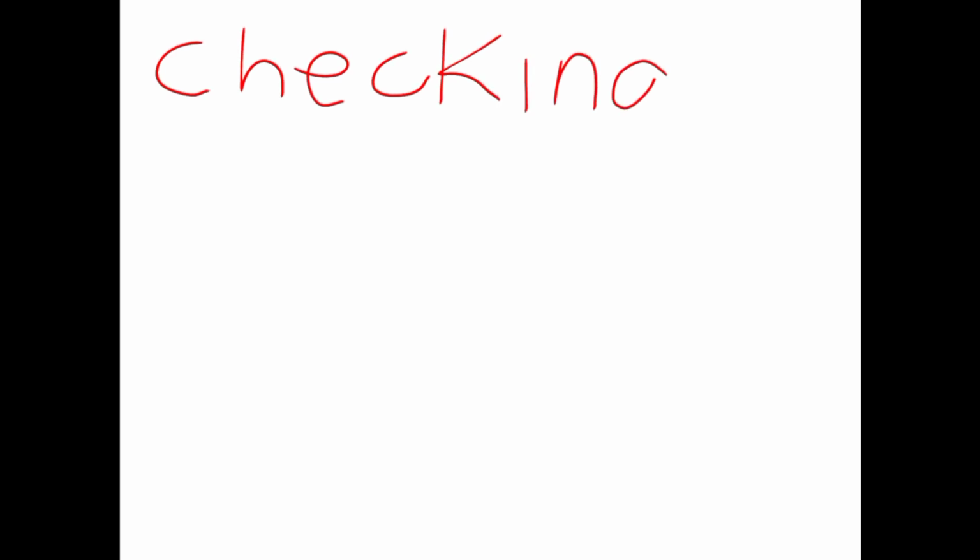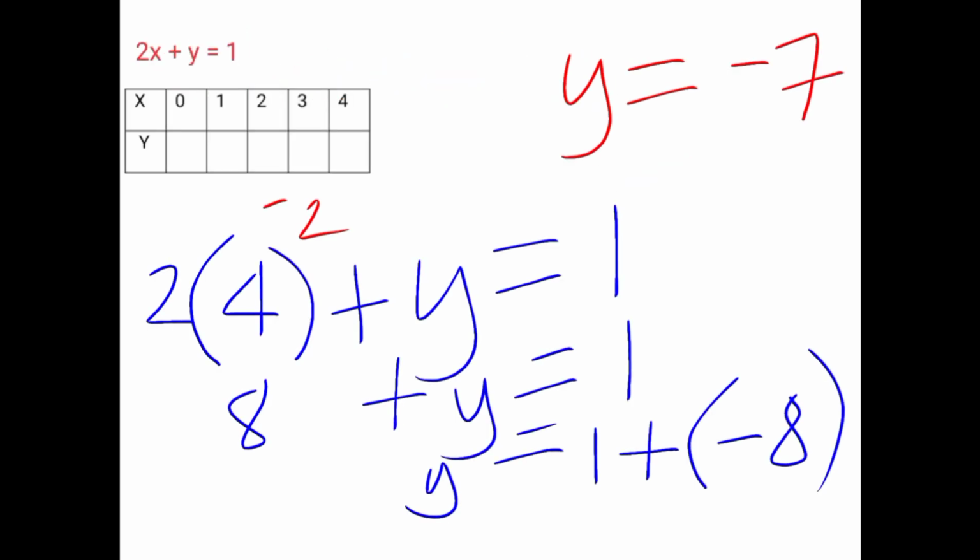Now, for checking, in order for us to check if our values of y are correct, which will make the equation true, let's start with x equal to 4 and y equal to negative 7.